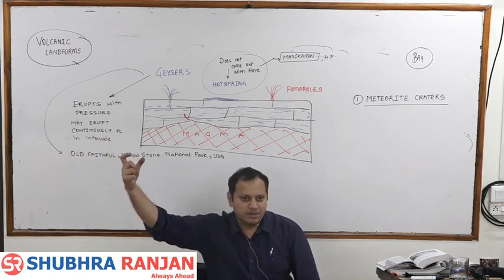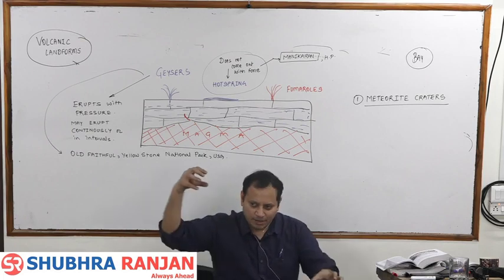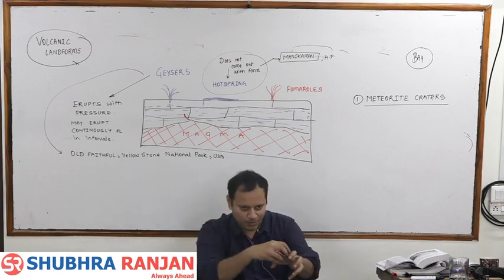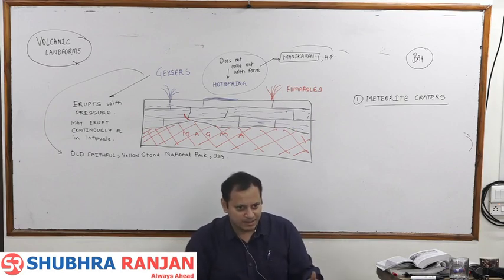ऊपर crust of the meteor destroy हो जाता है जलने से. Mantle of a meteor is destroyed. What will come and impact is the core, and then the core will be destroyed and सारा iron will be spread in the crater.